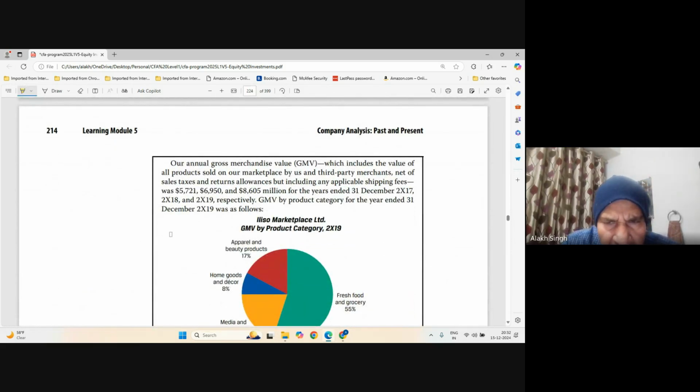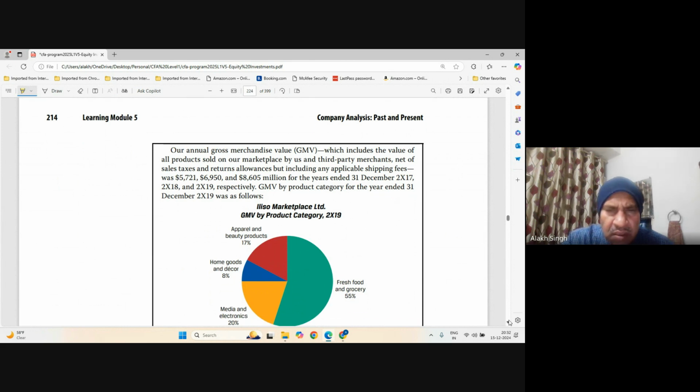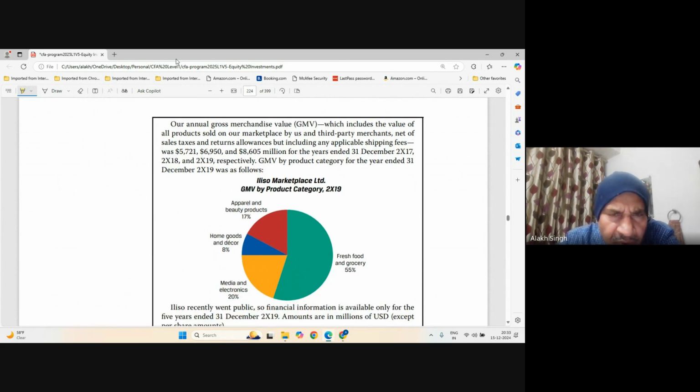Then it also reports its annual gross merchandise value. So this one is the detailed value of how they sell, which includes the value of all products sold on our marketplace by us and by third-party merchants.